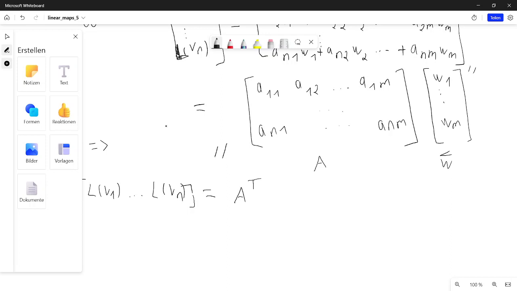And transposing just means the rows and columns are exchanged. For example, if that matrix was in k n cross m, now it is a matrix in k m cross n, right? So the number of columns is now the former number of rows, and the number of rows is now the former number of columns.